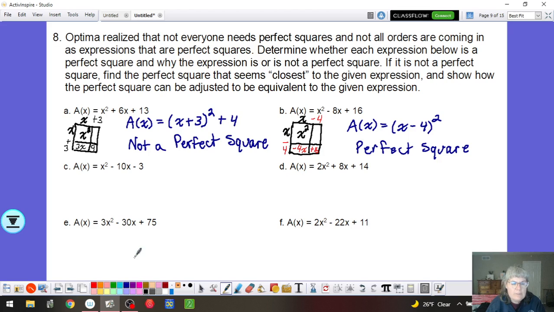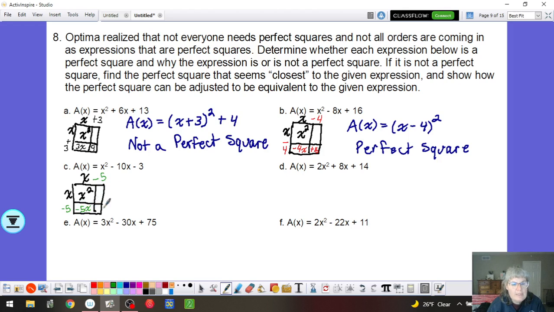With example C, again we have an x squared, so that's just one block. We need to split up the minus 10, so that's going to be minus 5, each rectangle representing a negative 5x.